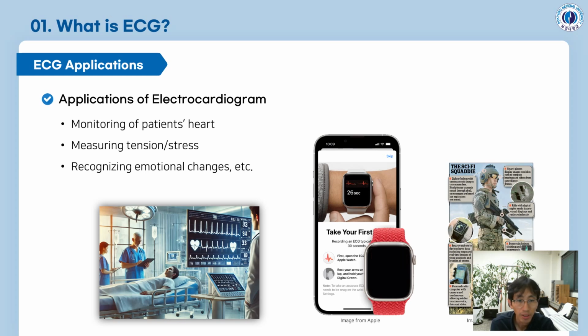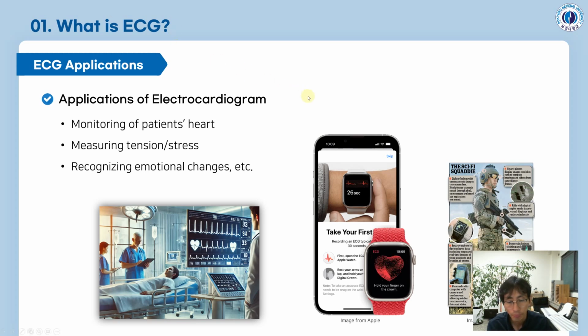For example, a firefighter is working on the spot, and sometimes he may be injured, or his tension or his stress increases a lot dynamically. Then we may call another person to help the person who is in danger.